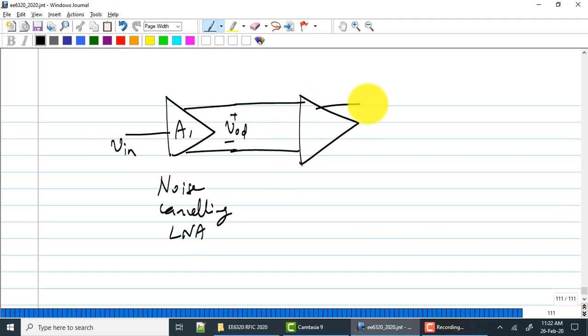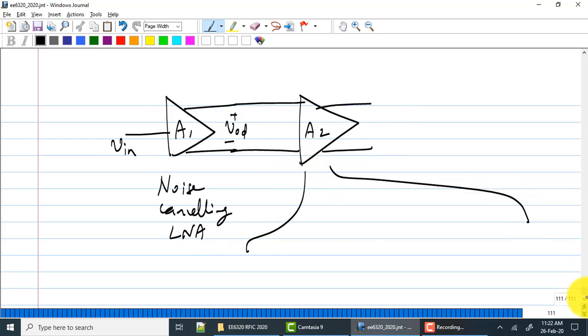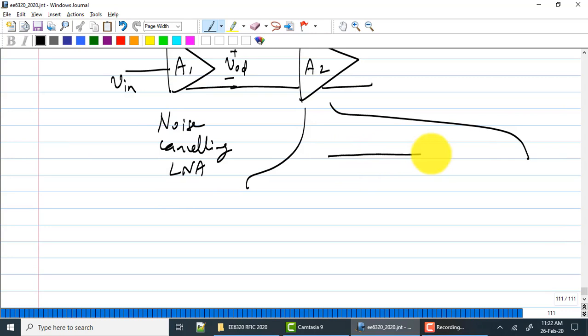If it is going to be a resonant circuit, maybe something like this.